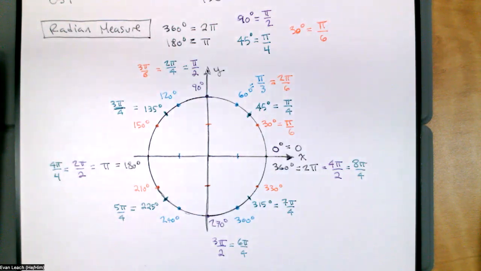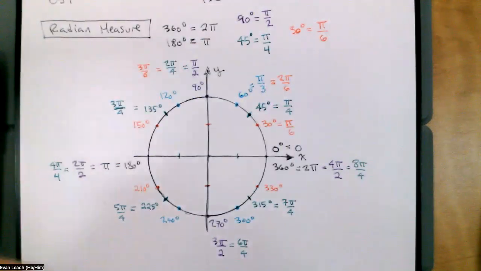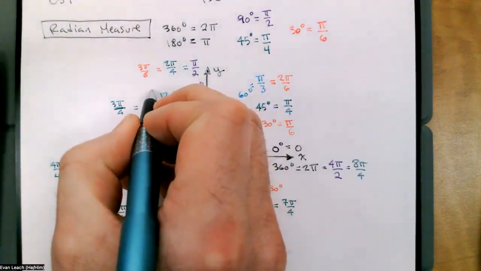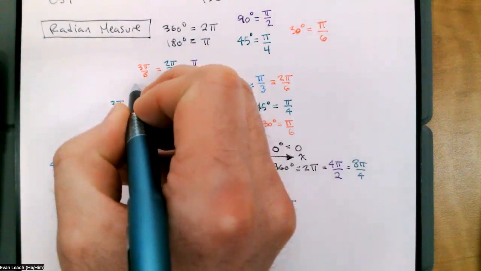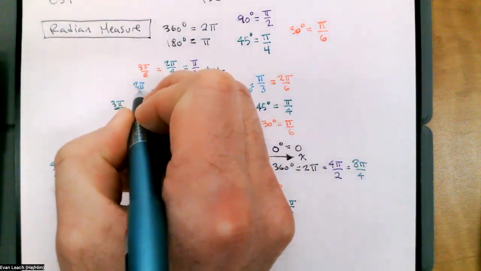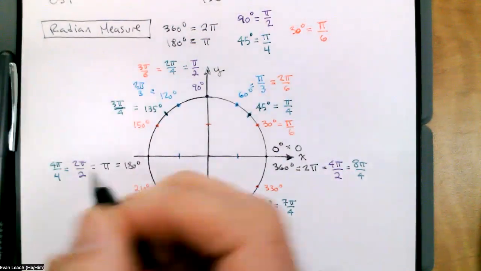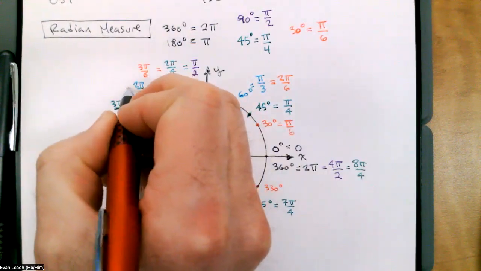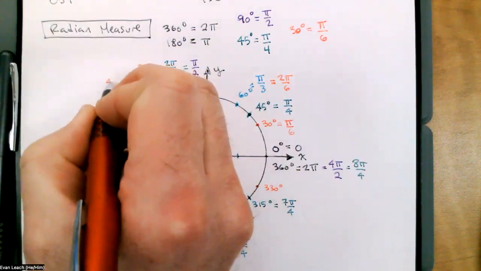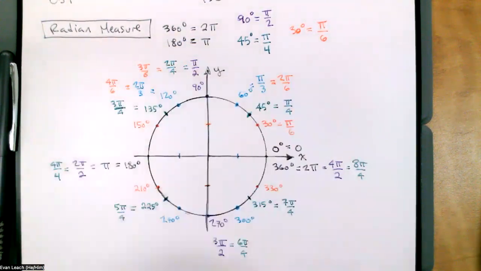What do we get when we simplify that fraction? 2 pi over 3. So this 120, that's going to be 2 pi over 3. It's the common name, but it will also be known as 4 pi over 6. Where's 5 pi over 6 going to be? 150.